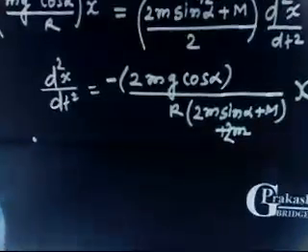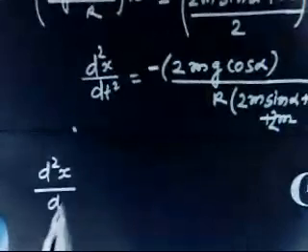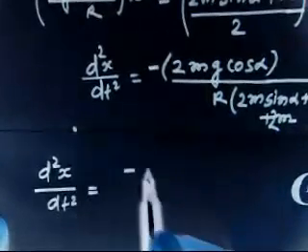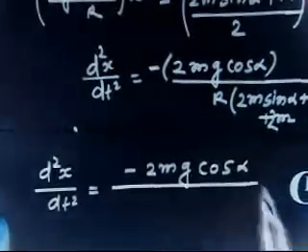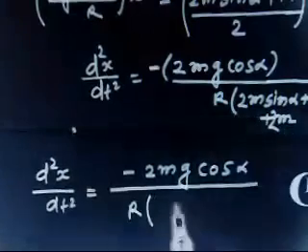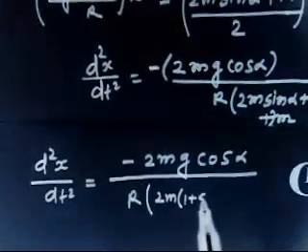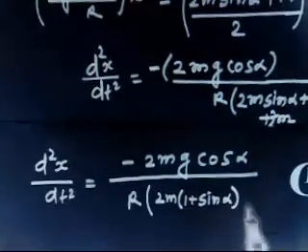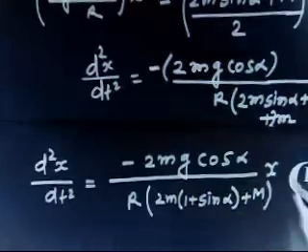I can write in a better way again so that you don't have any confusion. So I will have d2x by dt square. This will be minus 2mg cos alpha divided by r, and 2m plus 2m sin alpha, so I can take 2m common. So I will have 1 plus sin alpha plus capital mass M, and this into x.